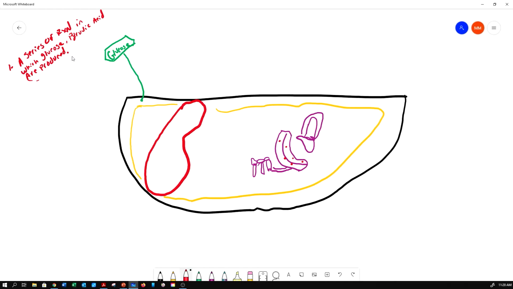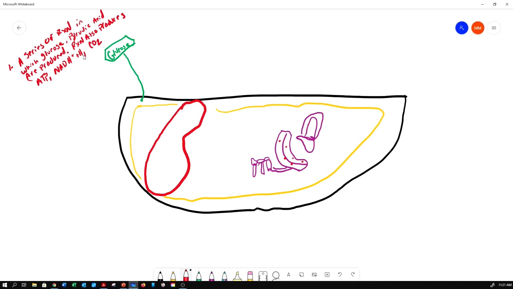All right, so we're going to see the reaction also produces some ATP, NADH, and CO2.